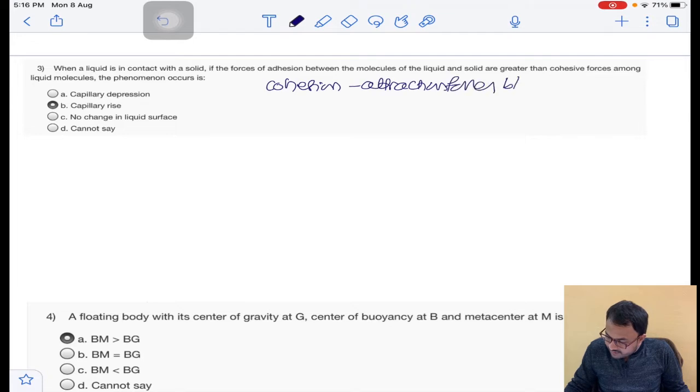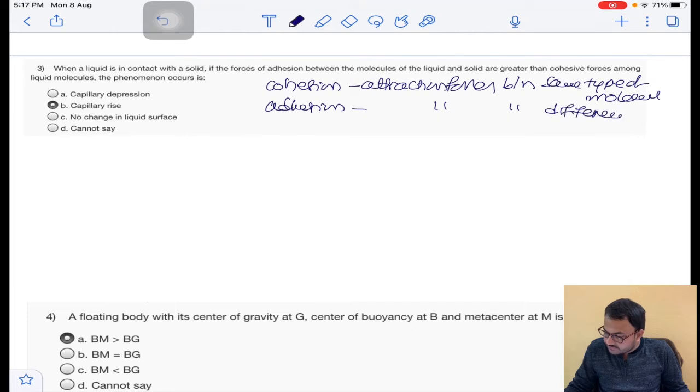forces between the same type of molecules, and adhesion is the attraction force between different types of molecules.